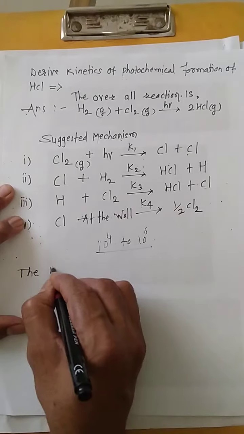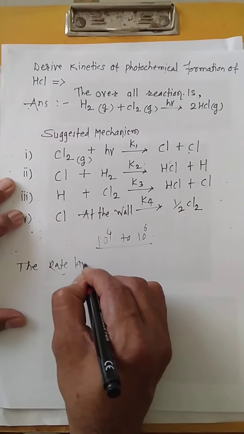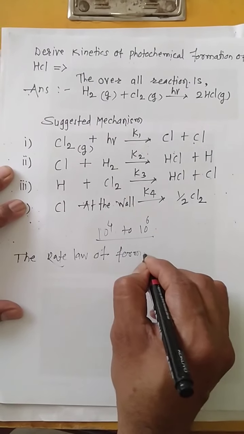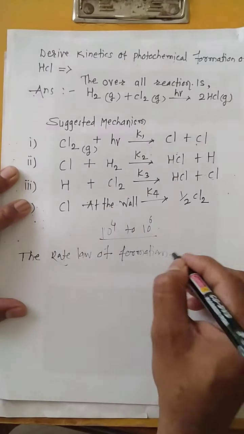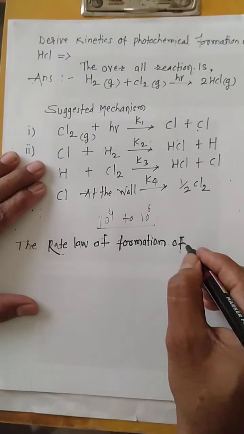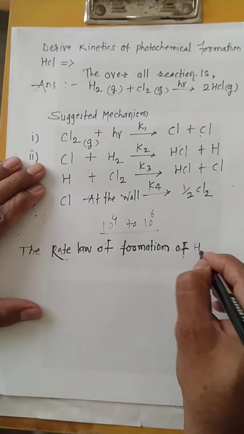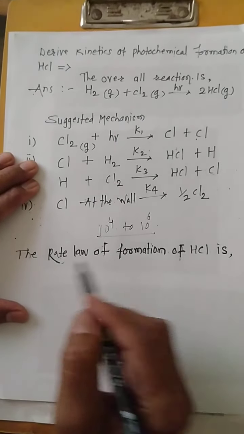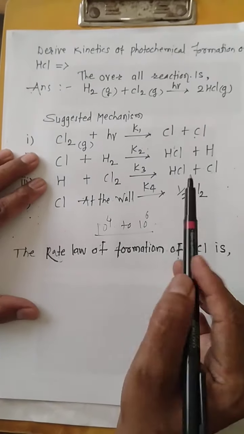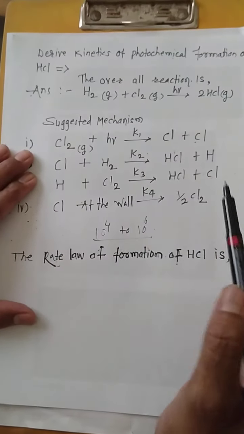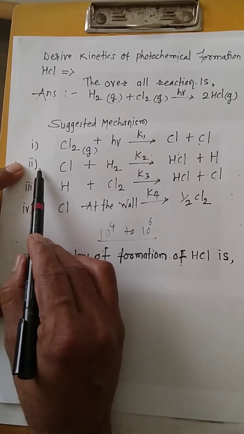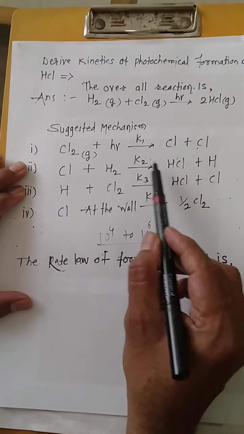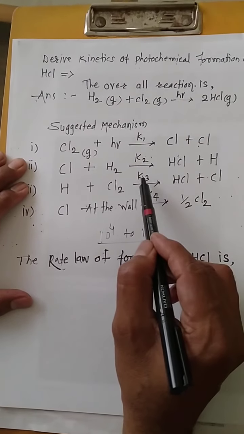In this suggested mechanism, formation of HCl takes place in the second and third steps, with rate constants K2 and K3.